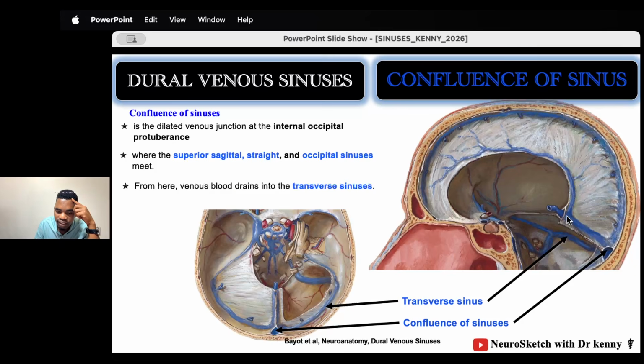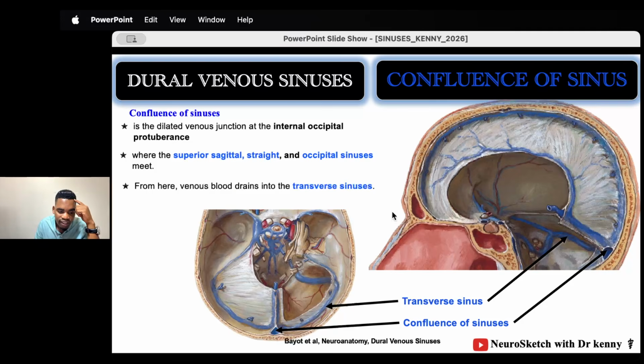We have just seen the straight sinus draining blood into the confluence of sinuses, and lastly, we have a sinus here, which is called the occipital sinus. Down here, the occipital sinus also drains to the confluence of sinuses. So we have three unpaired sinuses draining their blood into the confluence of sinuses: the superior sagittal, the straight, and the occipital sinus.